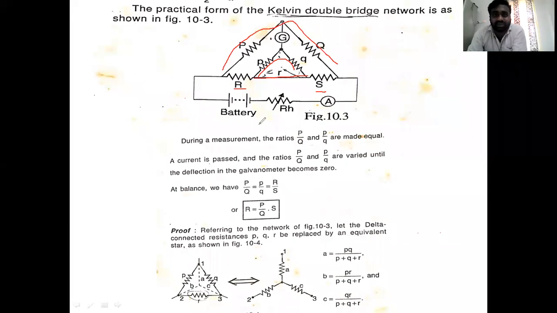If we see the construction of this particular Kelvin's double bridge, we constructed an outer arm, which is represented by the resistances capital P and capital Q, and this is where the galvanometer is connected.